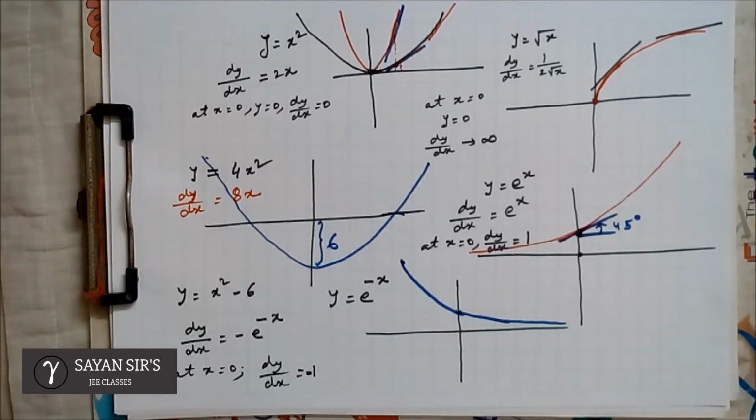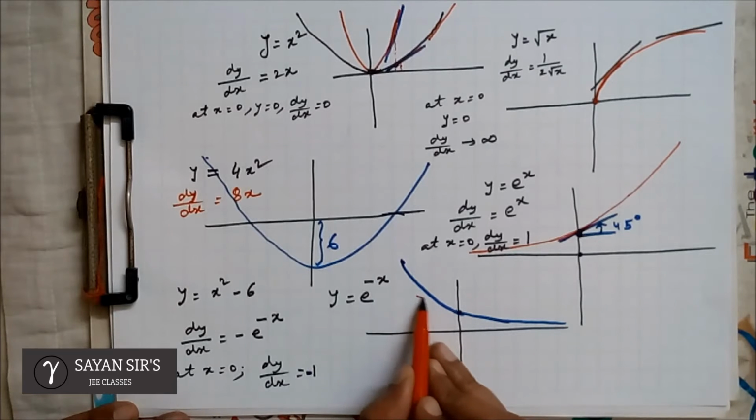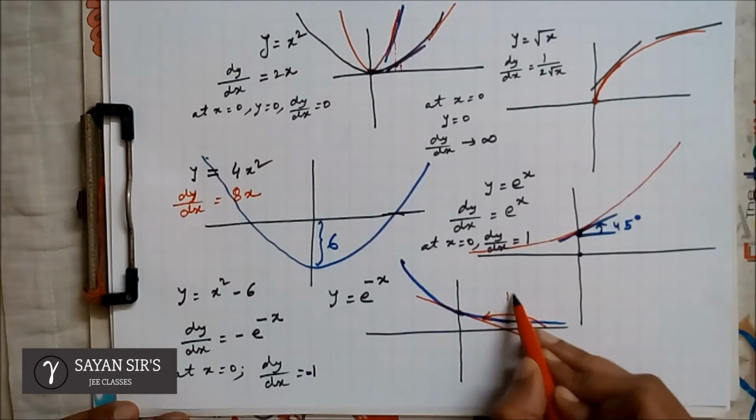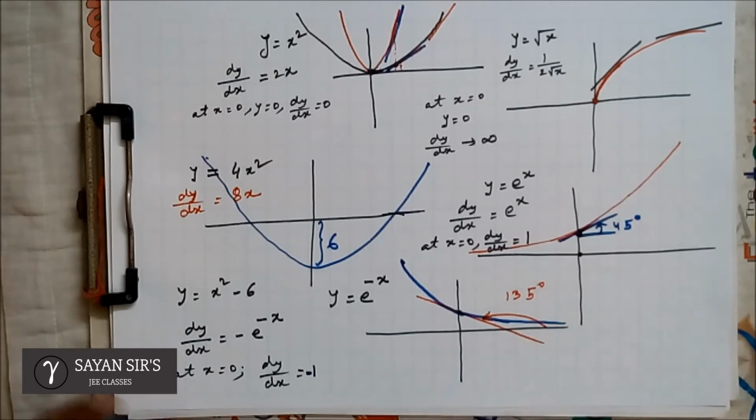The slope is -1. So a tangent drawn at this particular point will make an angle of 135 degrees with the x-axis. So these are some basic simple graphs that we can draw using calculus.